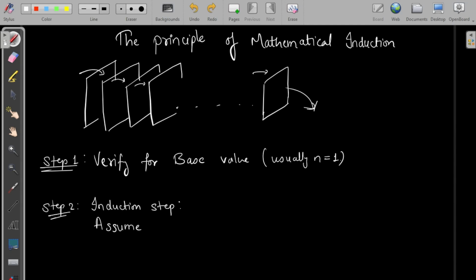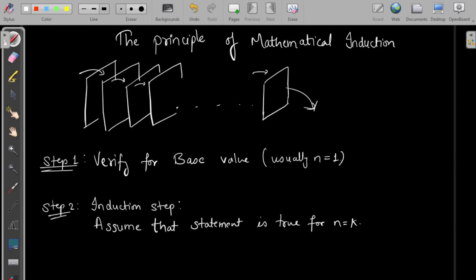But there exists an n for which the statement is true. So now we can assume that the statement would also be true for some n equal to k. Maybe that k is the base value itself, or it can be anything. So assume that the statement is true for n equal to k.